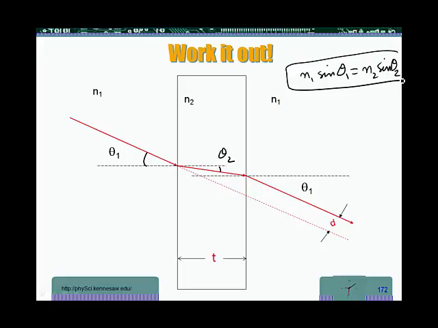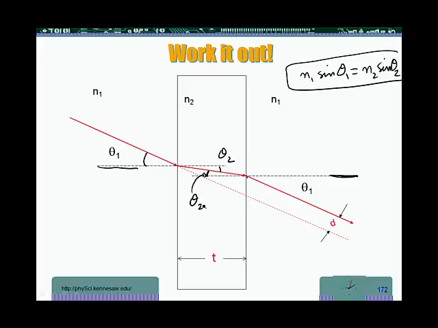Now, let's look at what's going to happen at the second interface here. For that second interface, this is my angle of incidence. But since this top dashed line is parallel to this bottom dashed line, this angle theta 2 is the same as this angle here.